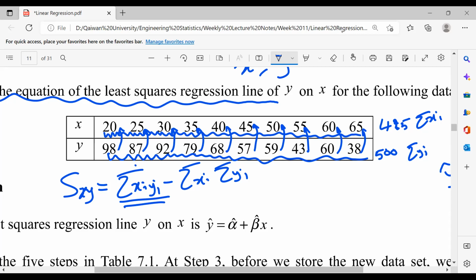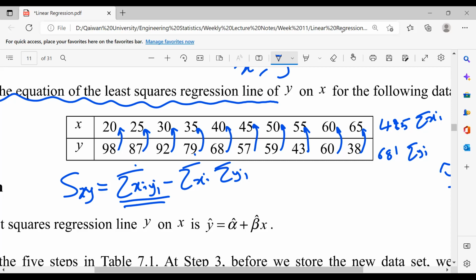Please find the sum of y and yi. 681. And then we need to find the multiplication of these two corresponding elements. 20 times 98 plus 25 times 87 plus 30 times 92.